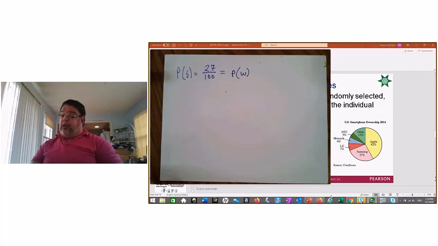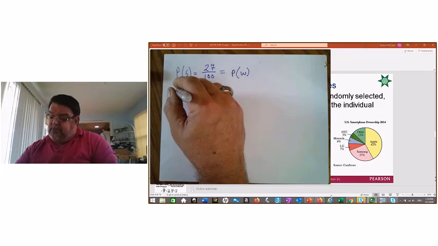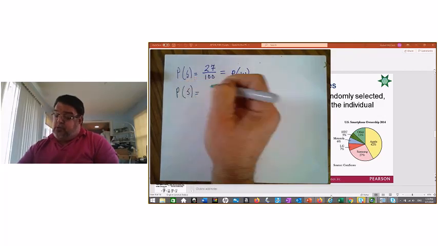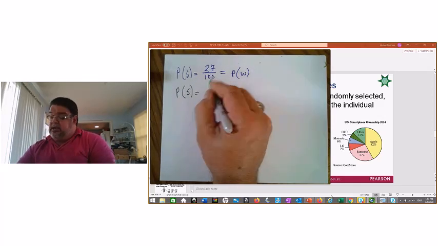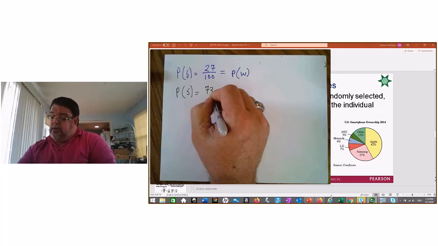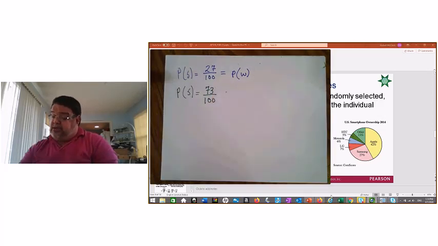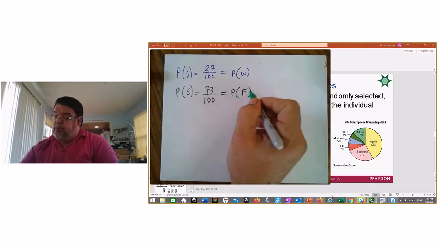Then therefore, the probability of not a Samsung is equal to 73 over 100. That's the complement, and that's the probability of failure or losing.